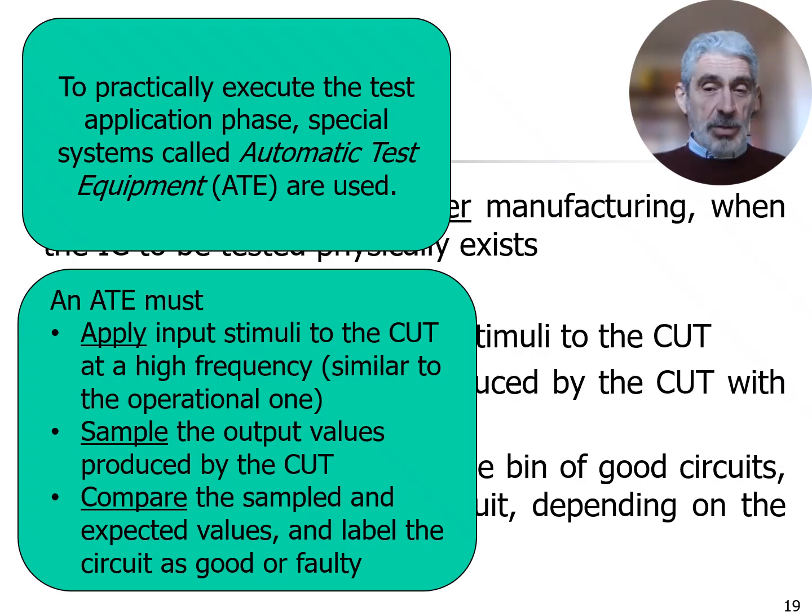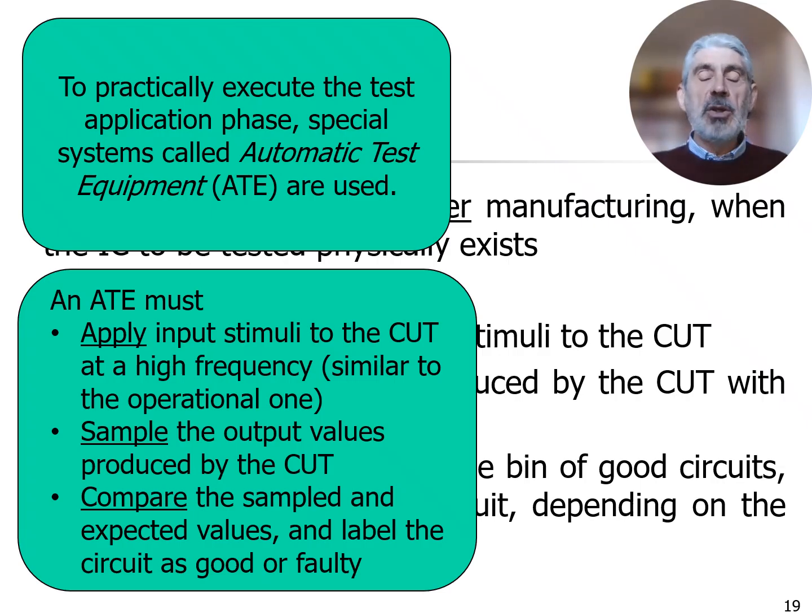In order to do so, the ATE should be able to manage a relatively large amount of data to be applied to the circuit, to be sampled from the circuit outputs, and to compare these sampled outputs with the expected ones. And this operation should be done at a high speed, in some cases at the operational speed of the circuit.